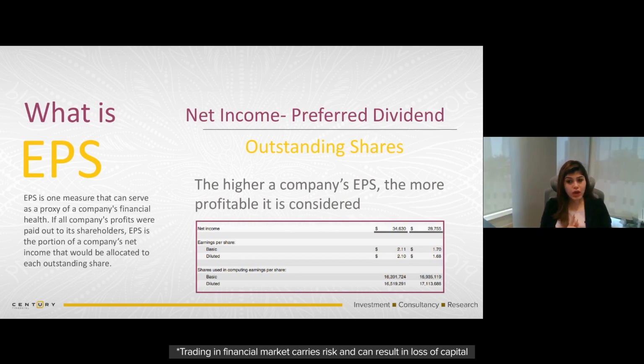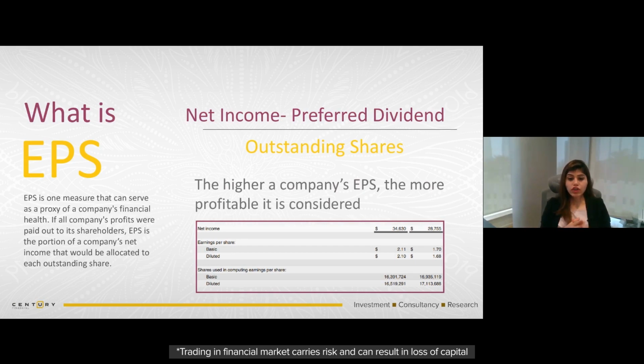It's important to understand that EPS is not the same thing as dividend. Dividend is something that the company pays out quarterly or yearly, or some companies may not even pay out a dividend.